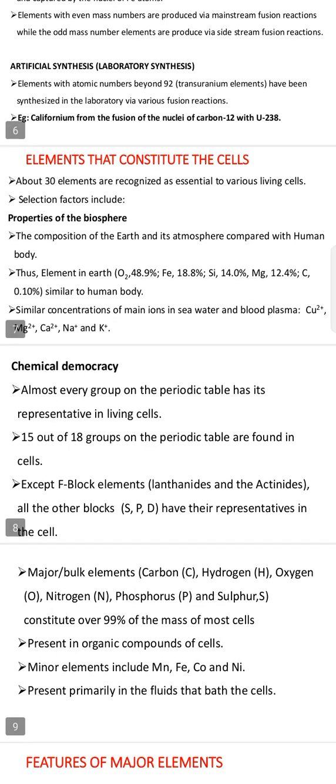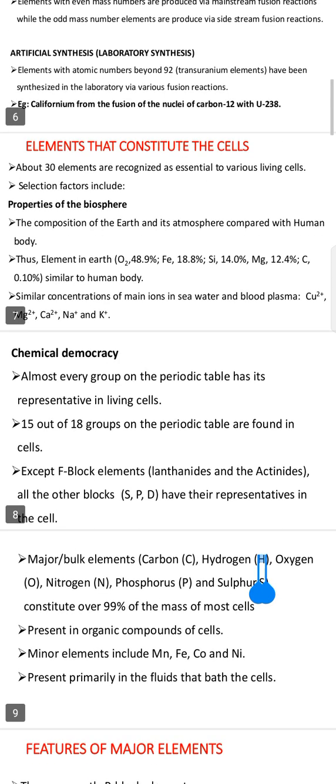An example is californium, from the fusion of nuclei of carbon-12 with uranium-238. So californium is an example of an artificially synthesized element, and it was produced from the fusion of nuclei of carbon-12 with uranium-238.